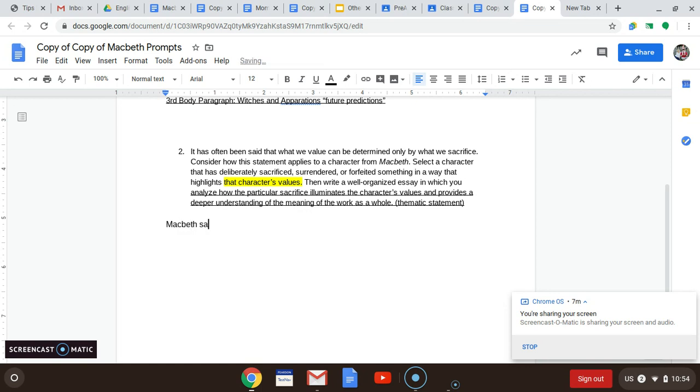Macbeth sacrifices loyalty to Duncan. He sacrifices his reputation as being an honorable soldier. Macbeth sacrifices the afterlife and his mental strength. Lady Macbeth sacrifices her sanity.